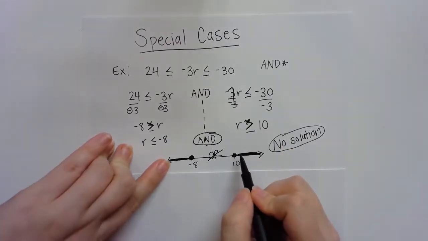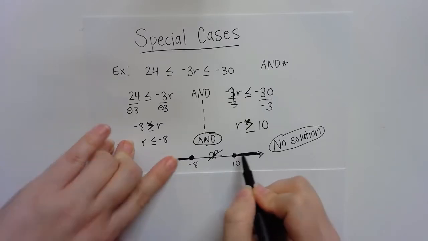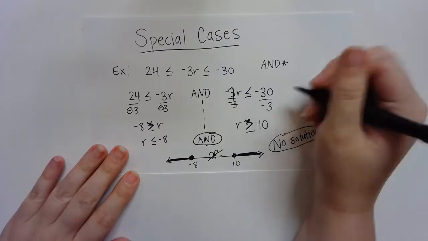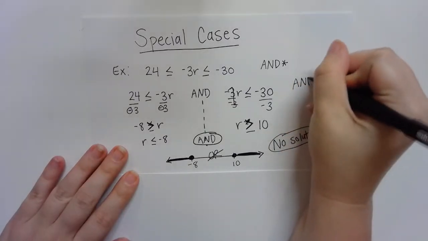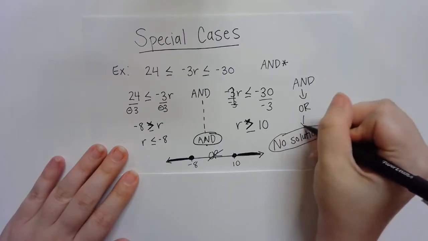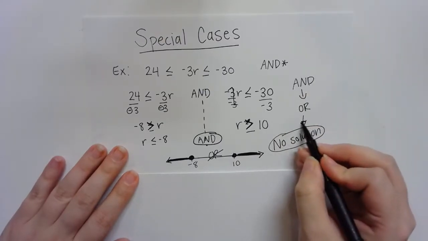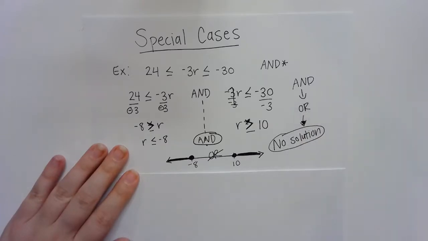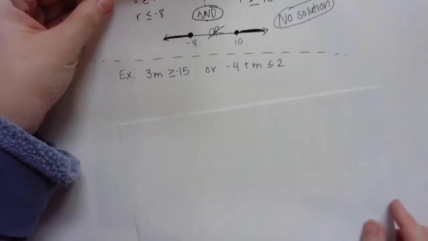The only numbers I could put are "or." They're on opposite sides here. So if it goes from an "and" inequality to an "or" inequality, then that is no solution. There's no solution. So if it starts off as an "and" and ends up as an "or," then it is no solution.